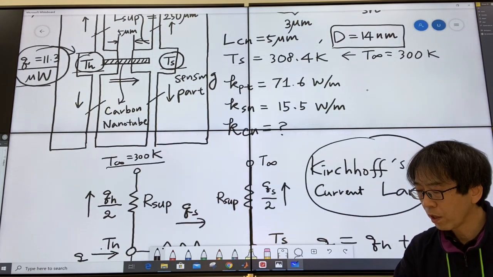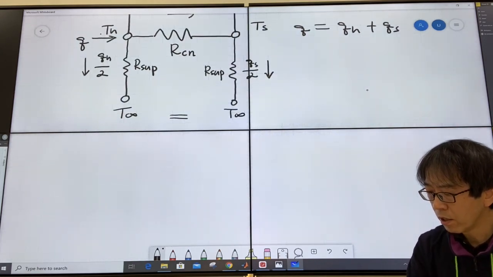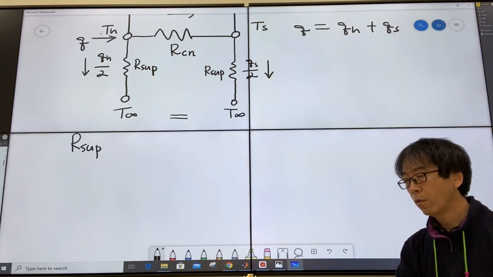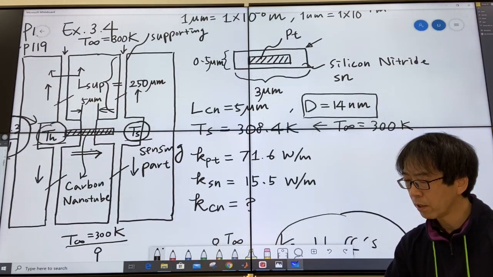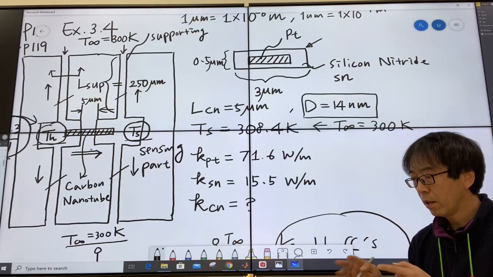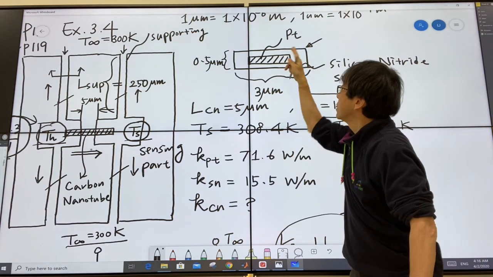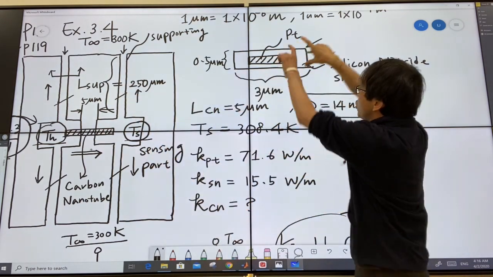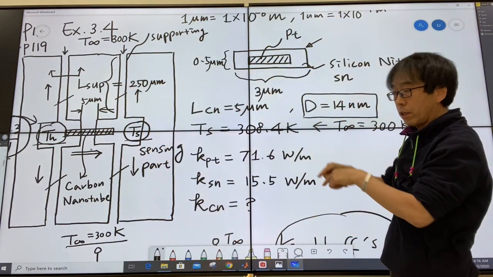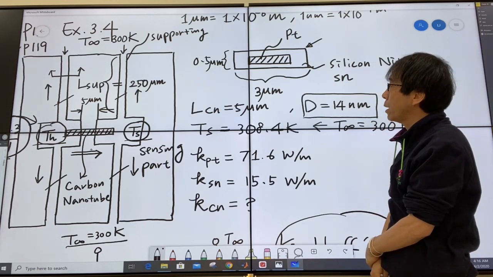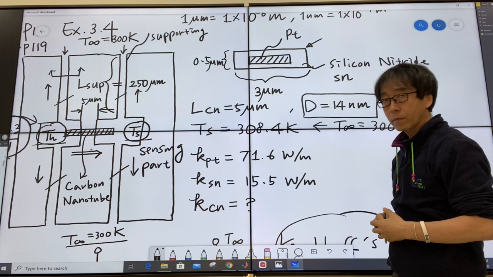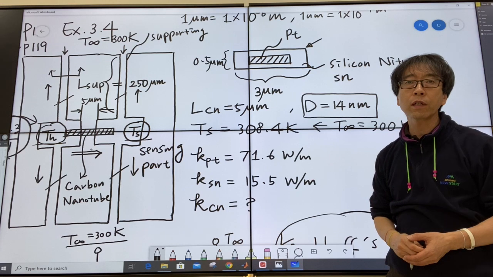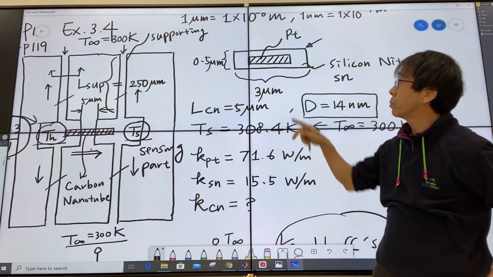So how can you calculate this thermal resistance of the supporting element? Well, if you think about this composite, this supporting element consists of a platinum thermal path from the core, and the shell, silicon nitride, that actually encapsulates this platinum. So, a silicon nitride thermal path. How are these thermal paths interconnected? Parallel to each other, right?